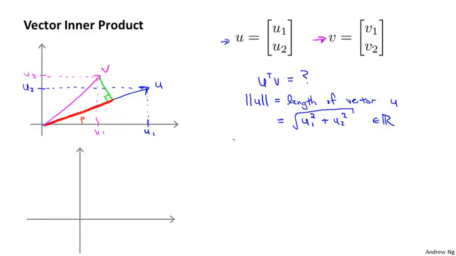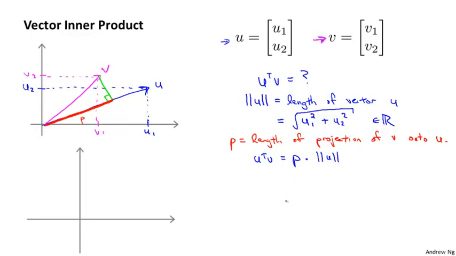Right? So let me just write that down. So p is the length of the projection of the vector v onto the vector u. And it's possible to show that the inner product u transpose v is going to be equal to p times the norm, or the length, of the vector u.